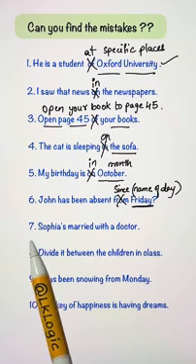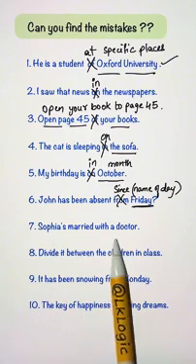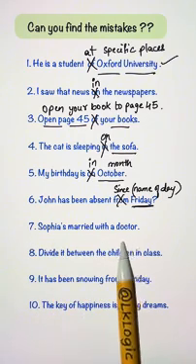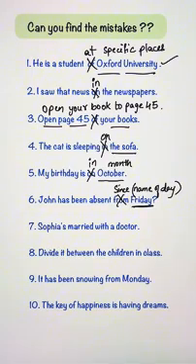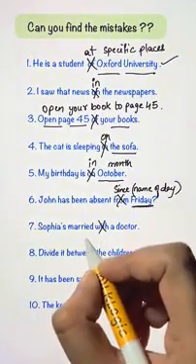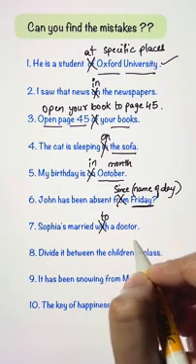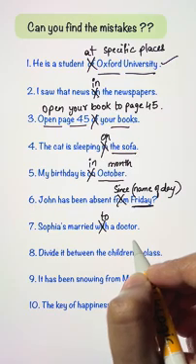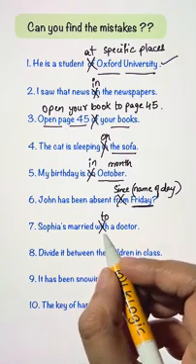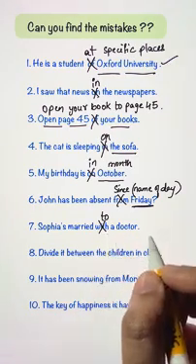Alright? Question 7. Sophia is married with a doctor. So, what's wrong in this? We don't say with. Yes, we say married to a doctor. Right? Why like this? Why do we say married to a doctor? Because married with is used when you mention two things.